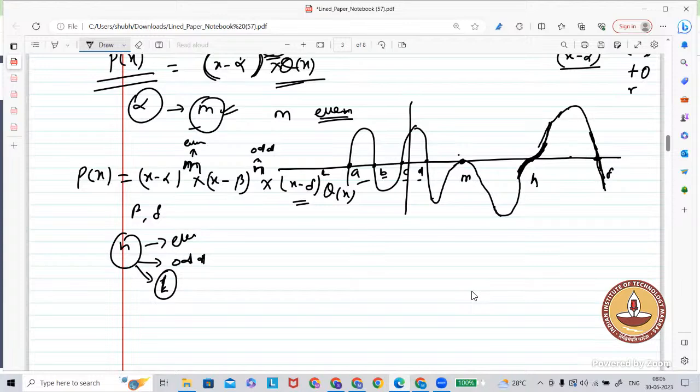The reason is that at the intercept, at the root points here, it looks like exactly a line. In a small range, you can say it looks like a straight line. That's the meaning here. That's the use of multiplicity.